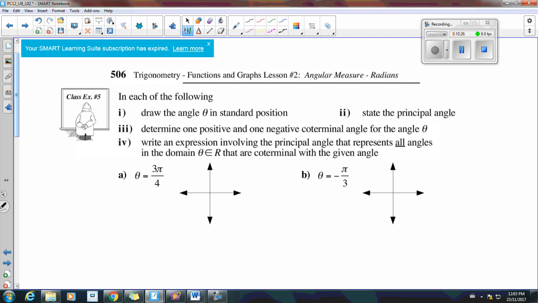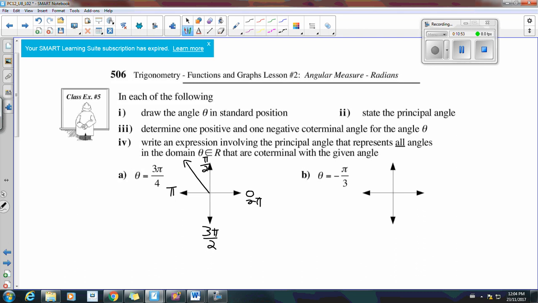So one way to remember this is always 0. This is pi over 2. This is pi. This is 3 pi over 2, and then a full rotation is 2 pi. So for 3 pi over 4, we have to look at 3/4 of the way around half the circle. So where's 3/4 of the way around half the circle?